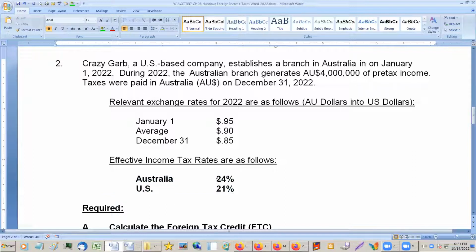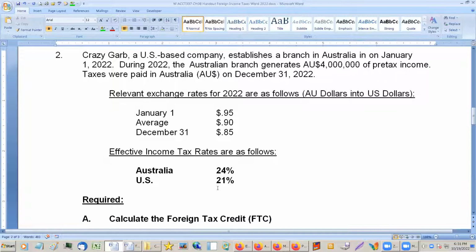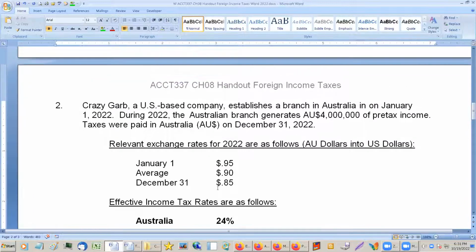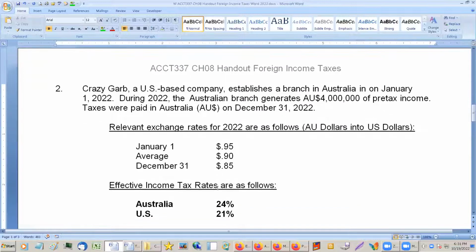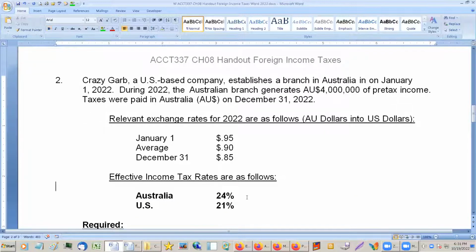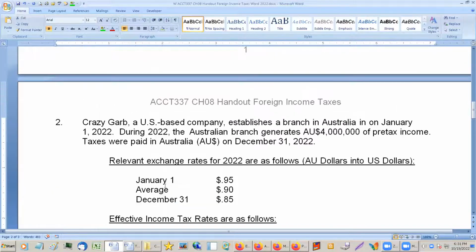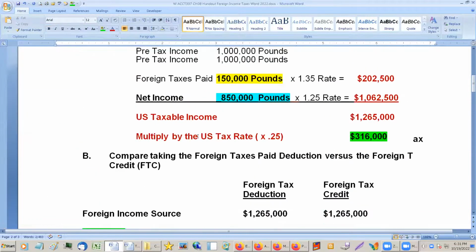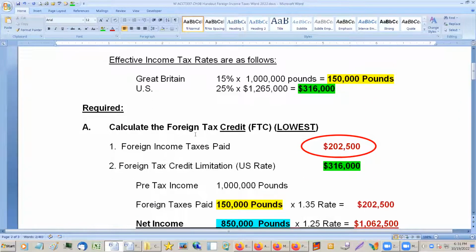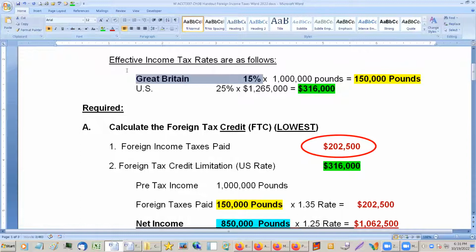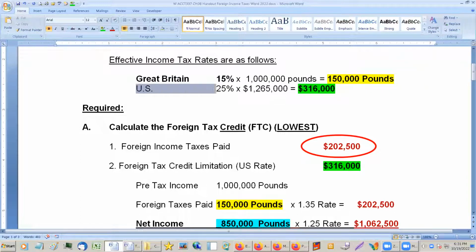Notice that the Australian rate is higher than the US, compared to the previous one, where the British rate was less than that of the US.